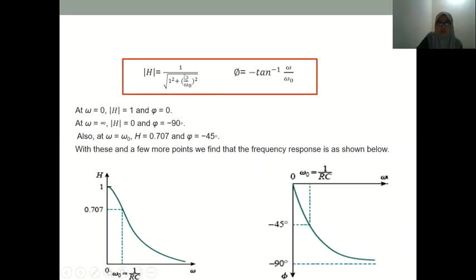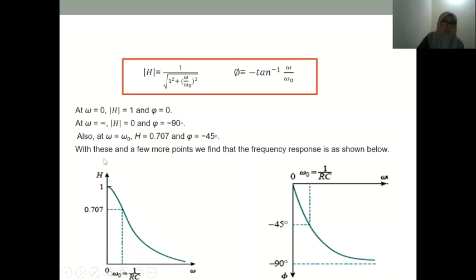Because when omega divided by omega naught have the same values, you get 1. So 1 times 1, 1 plus 1, gives you 2, right? So 1 over square root of 2 is 0.707. And then the minus inverse tangent of 1 will give you minus 45.